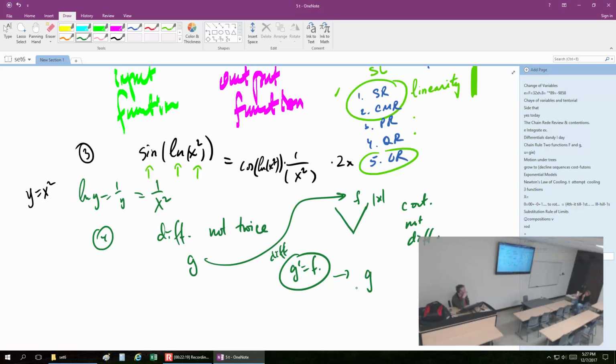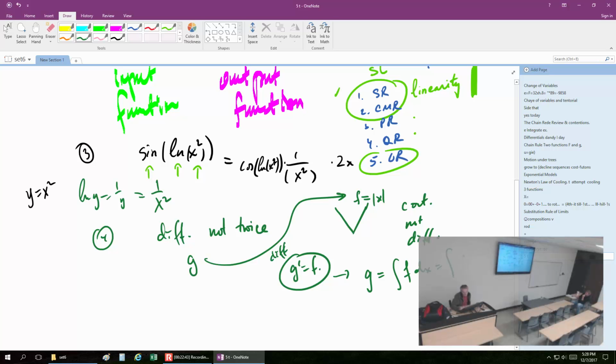If you know how to get from a function to its derivative, what are we trying to do now? From function g to its derivative f. And now we know f, and we want g. So what do we call this? The integral. So that's what g is. It's the integral of f.